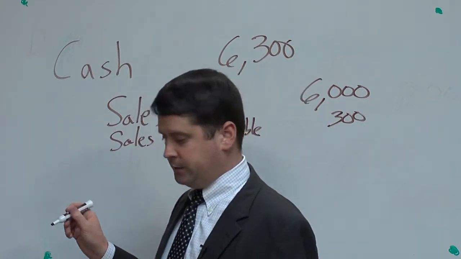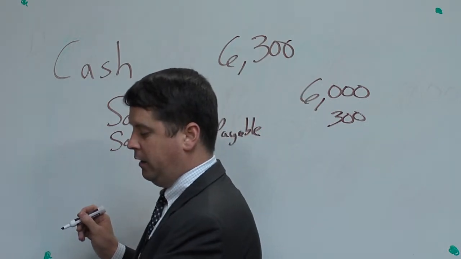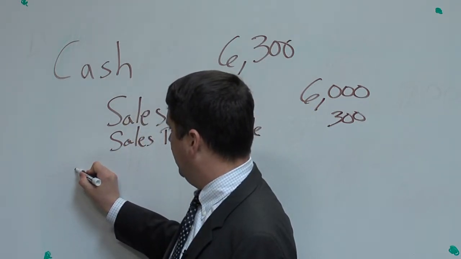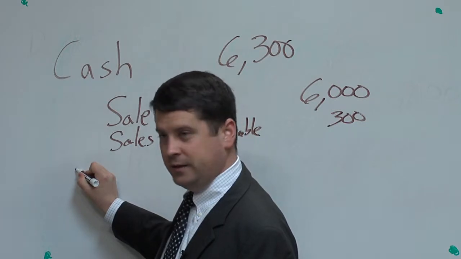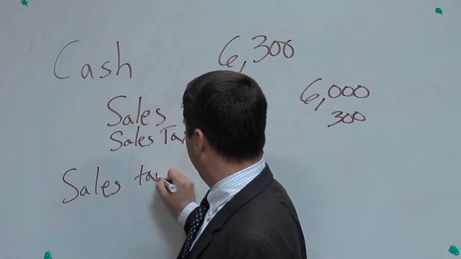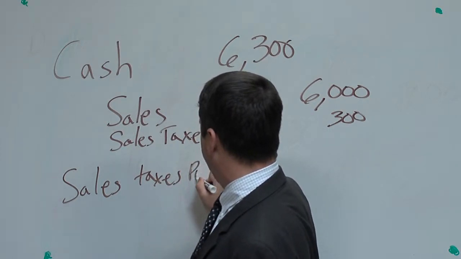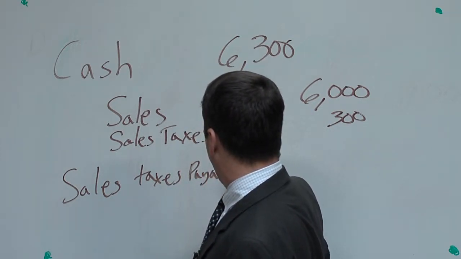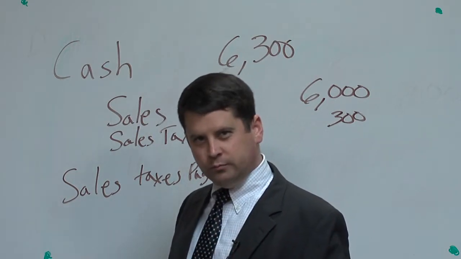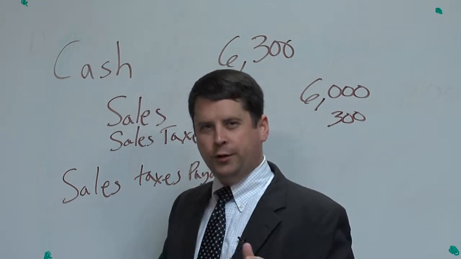Say in a few months, when we're actually able to pay off the sales taxes, that would be a debit to sales taxes payable. Because, again, think of it like we're wiping out what we owe to the state. We no longer owe anything.